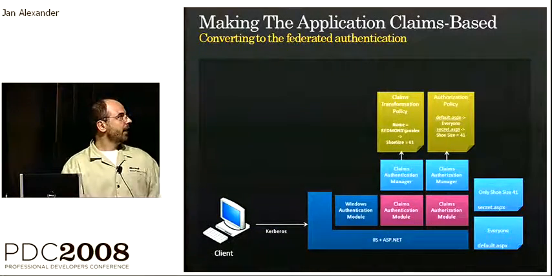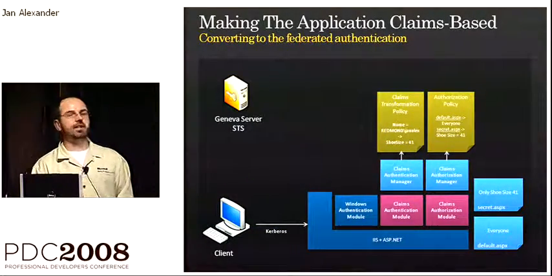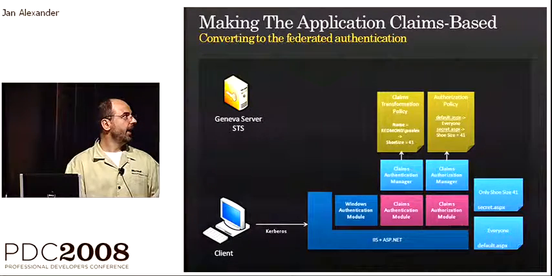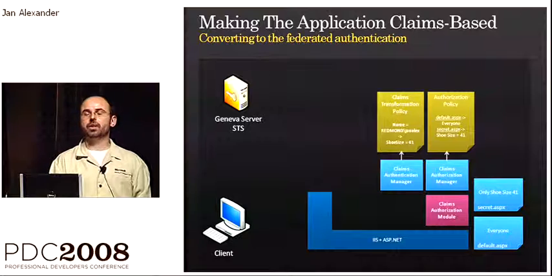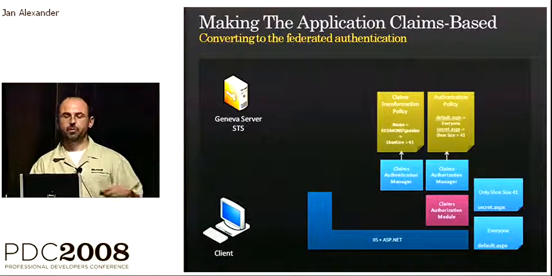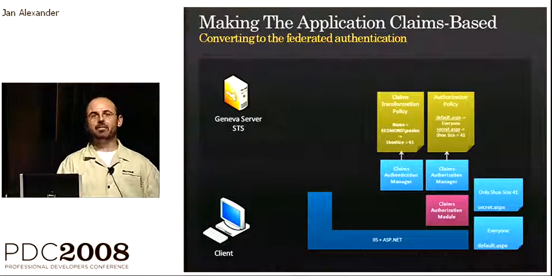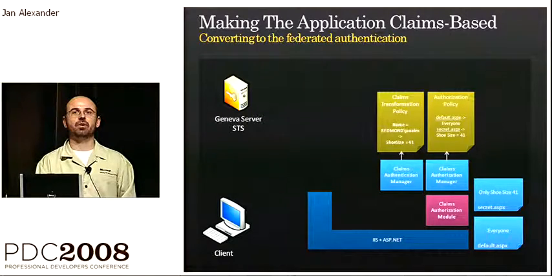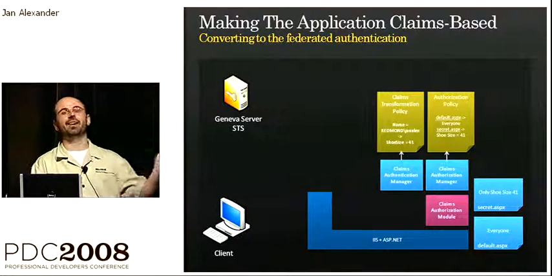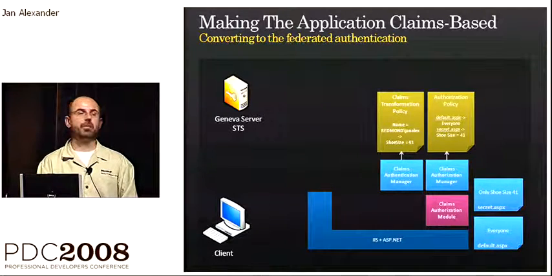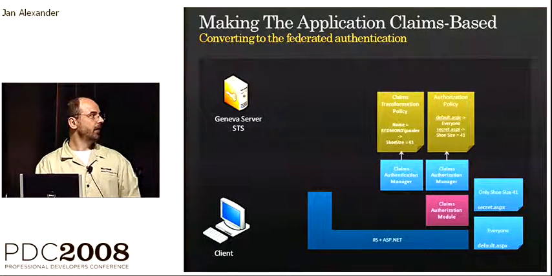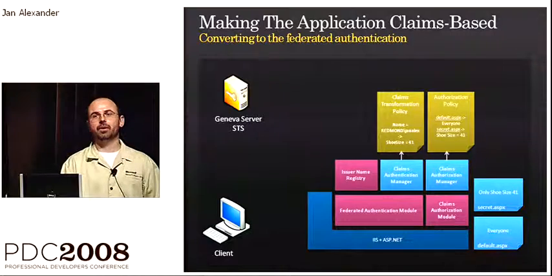So what I'm going to do now is add an STS into the picture. And I'm going to remove the Windows authentication from the application. So what I'm really doing now is federating the claims-based application. I'm making the authentication happen somewhere else, externalizing the authentication from the application. And instead of that, I will be using federated authentication.